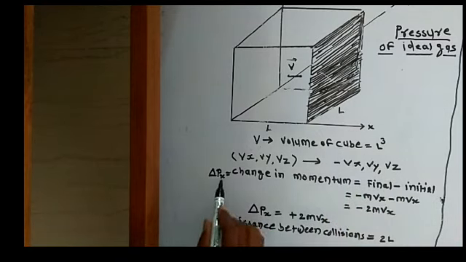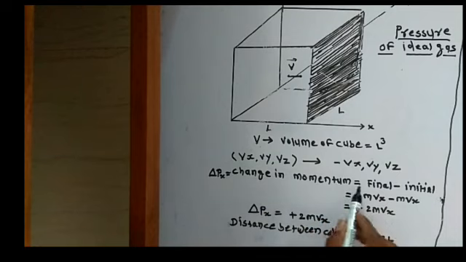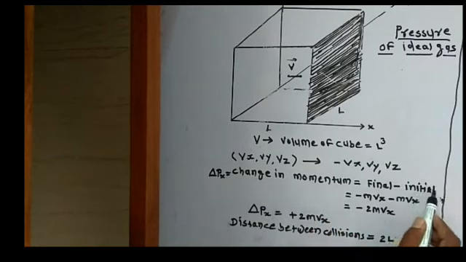So the molecule changes its momentum, and the change in momentum del px is equal to final minus initial momentum, that is minus mvx minus mvx.